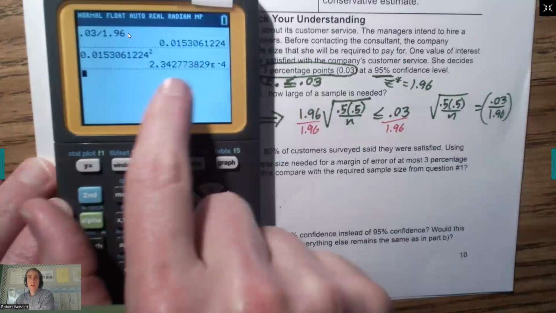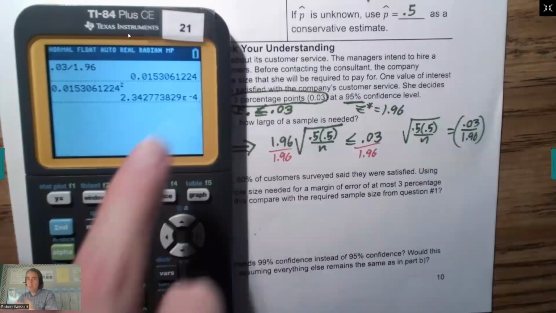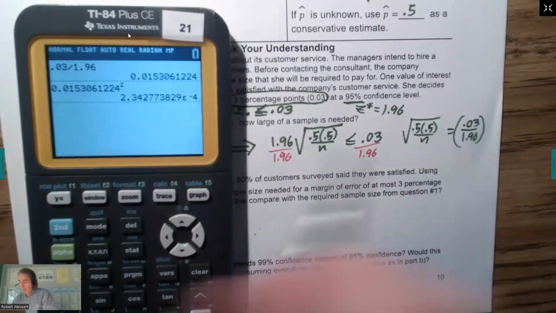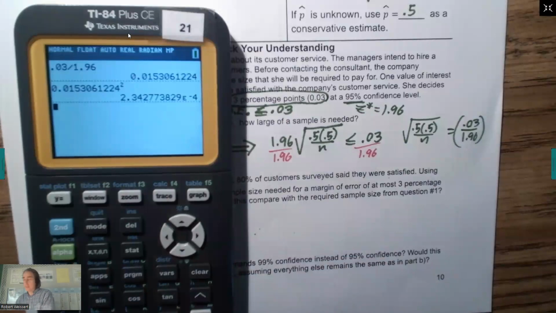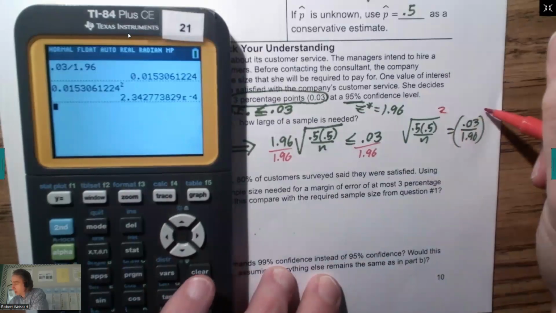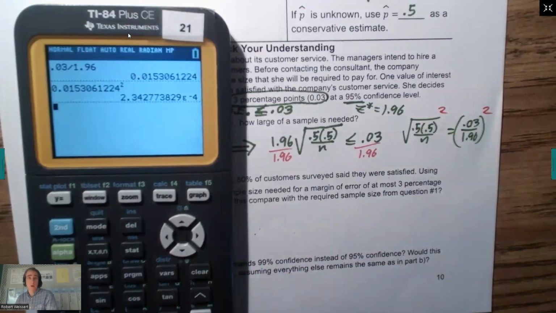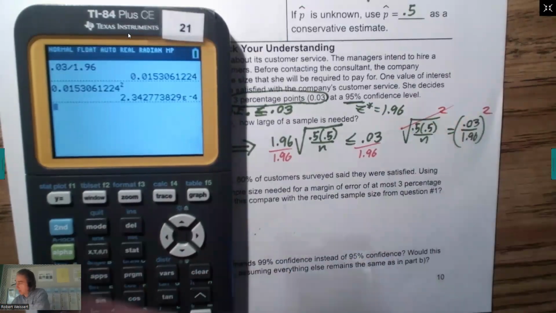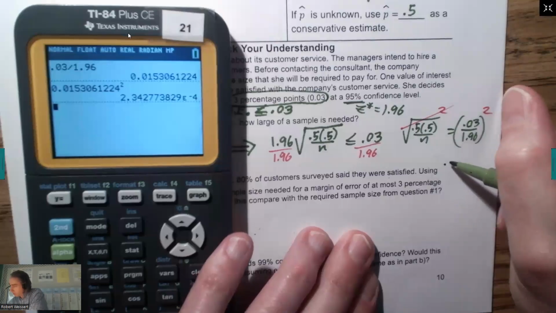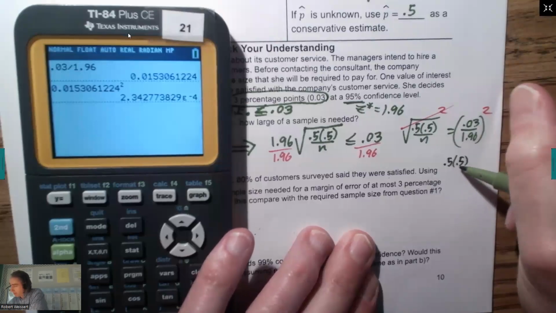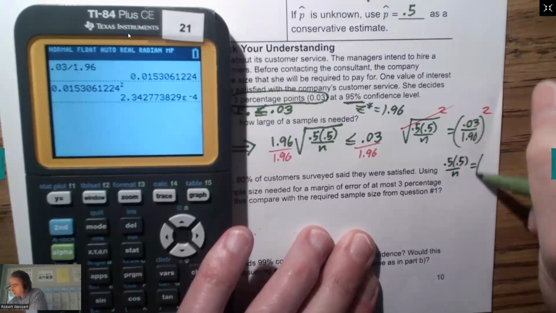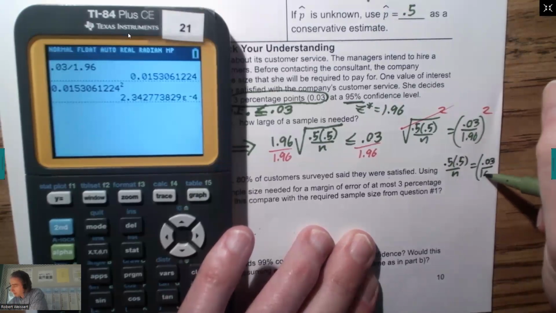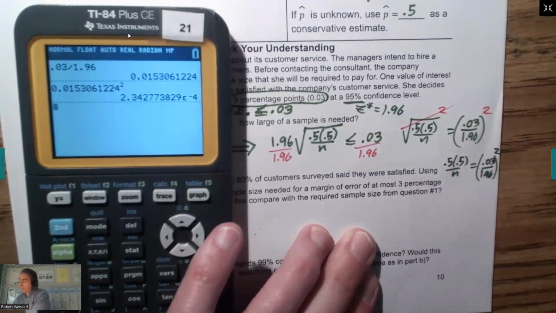Now, it's a tiny, tiny number, so I would recommend just using your calculator's history and not having to retype it. We want to undo that square root. So that's why we square it, okay? And so what happens is you have 0.5 times 0.5 over n equals 0.03 over 1.96, squared.